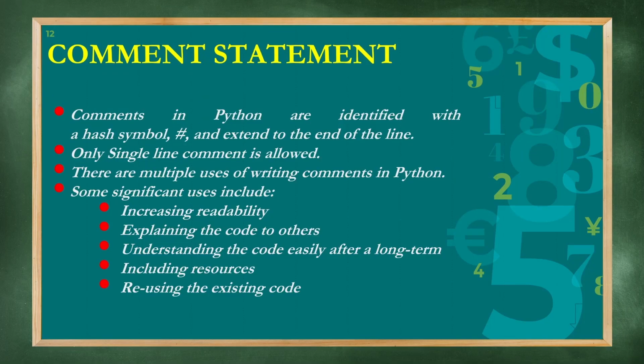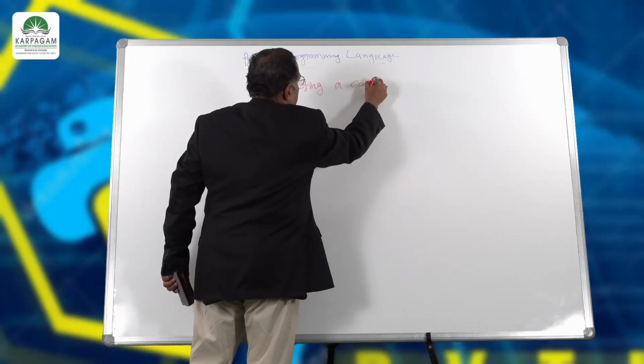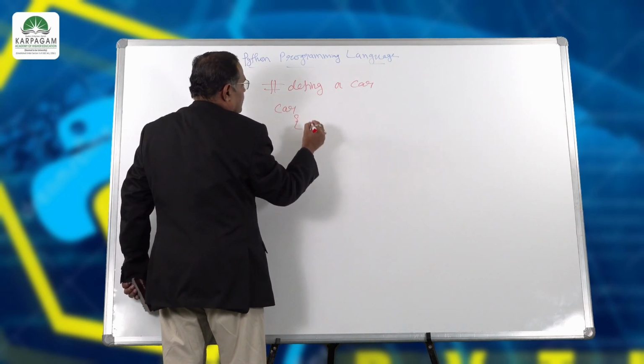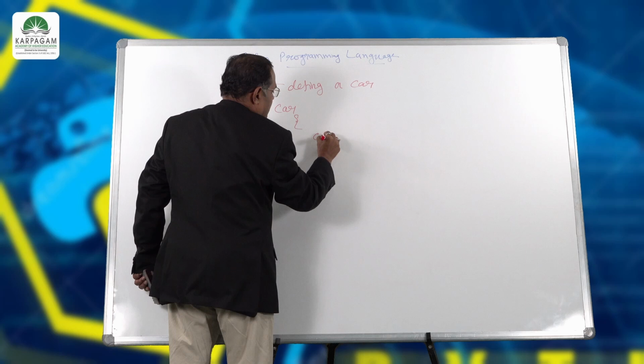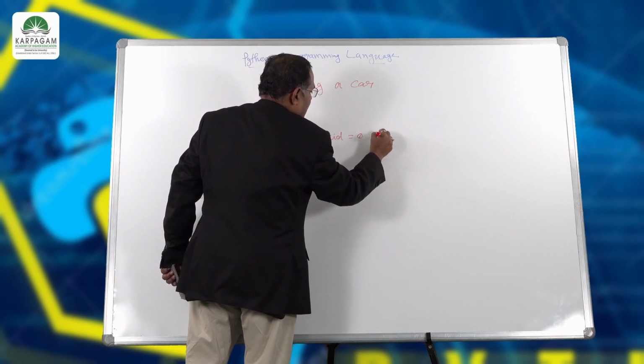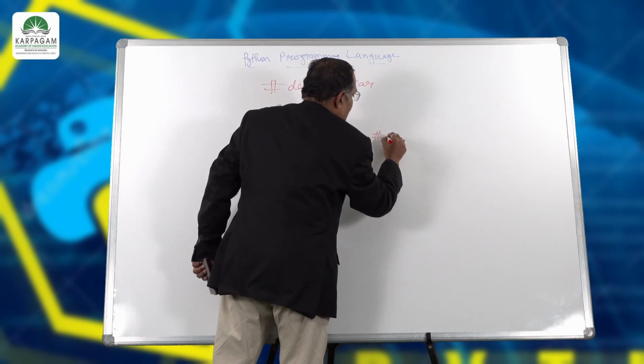We are going to see a sample program by using this hash statement or comment statement. Defining a car. Car ID equal to 0, hash car number.